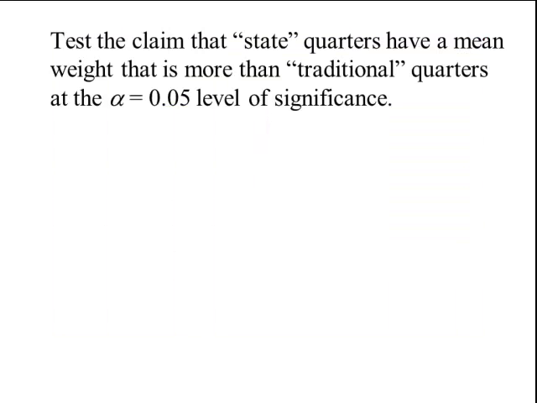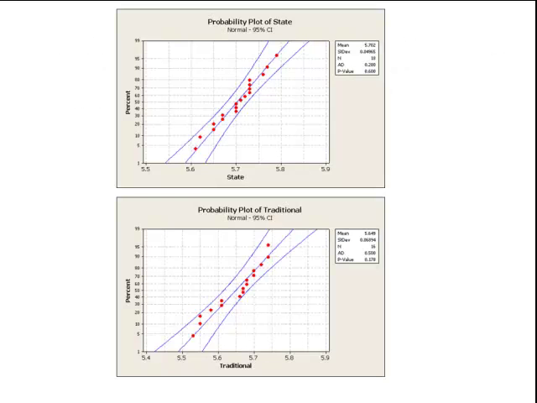Test the claim that state quarters have a mean weight that is more than traditional quarters at the alpha equal 0.05 level of significance. So our first step, since our sample sizes are less than 30, we must use the probability plot in Minitab, or we could use the QQ plot in StatCrunch to see if these samples are coming from a population that is normal. So here's the plot for state quarters, looks good.